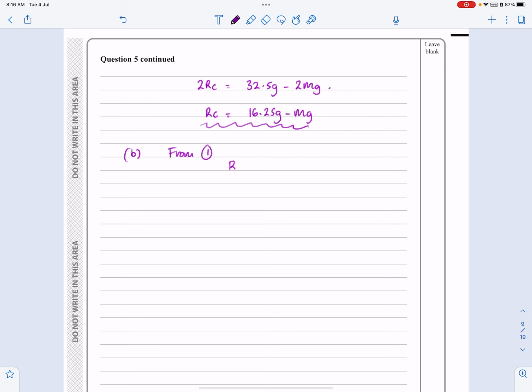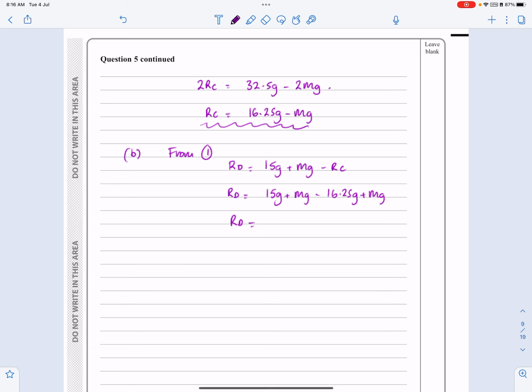I'm going to get RD works out to be 15g plus mg minus RC. So RD works out to be 15g plus mg minus 16.25g plus mg there.